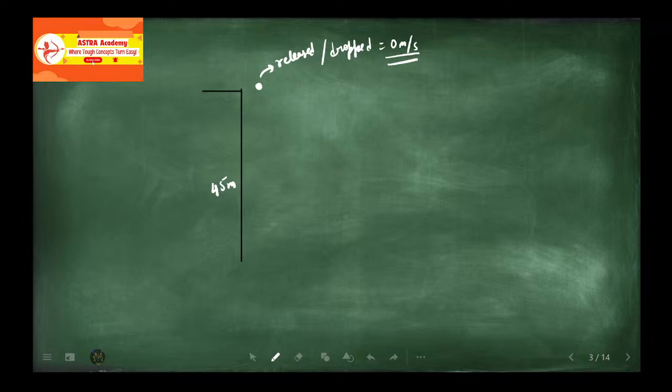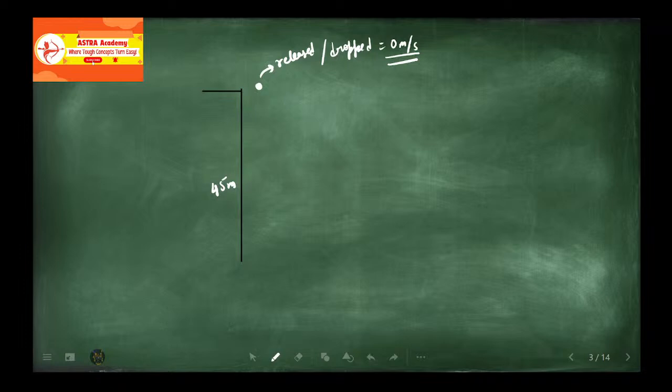Always remember, if the surface is fixed and the author of the book is using the word that the ball is released or dropped, and if the surface from where the ball is released is at rest, in a standstill condition, then take velocity equal to 0 meter per second. Otherwise, if the surface from where the ball is released is moving with some velocity in upward or downward direction, then the initial velocity is not 0; it is equal to the velocity of the surface.